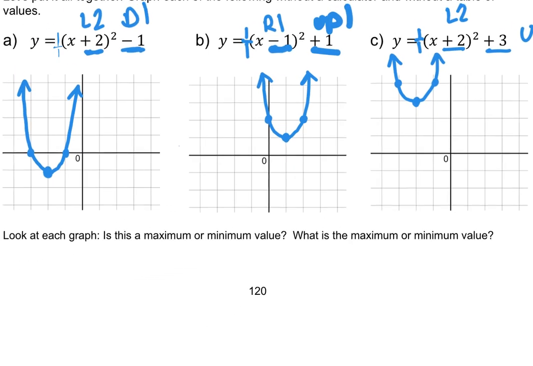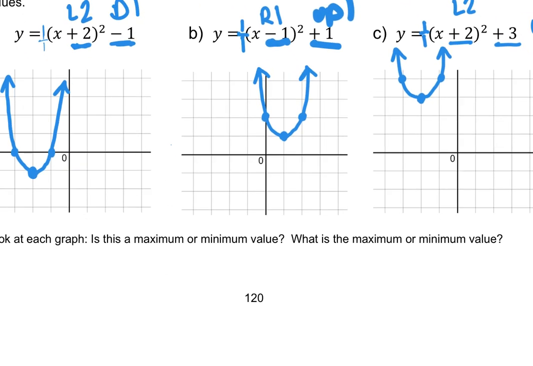Now, this next part says, look at each graph. Is this a maximum or minimum value? And if so, what is that maximum or minimum value? So let's look at A up here. Notice it looks like a valley, right? It starts at the top, goes all the way to the bottom. So are we going to have a minimum or a maximum? A minimum.